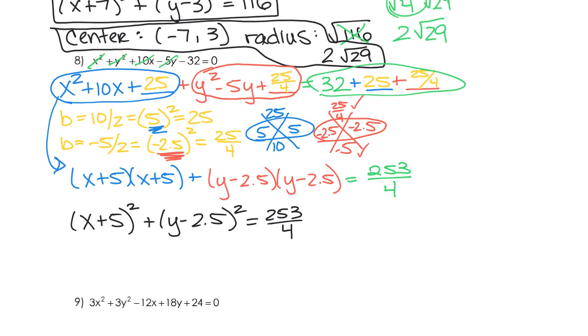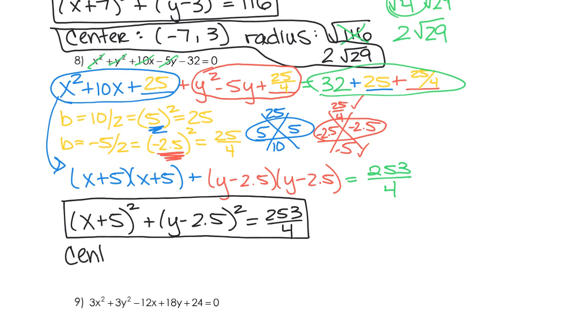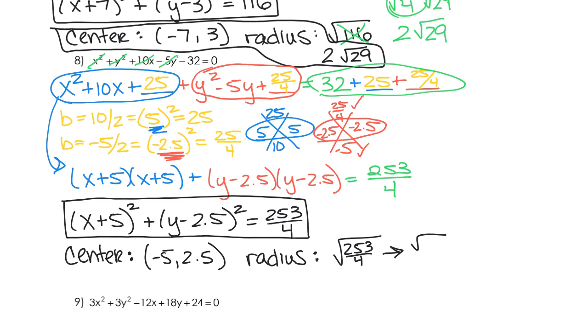All right, and now that we are in center radius form, we can now tell you the center is -5, 2.5, okay? And our radius is the square root of 253 fourths, which is a pretty ugly radius. And what we're going to do is we're going to rewrite this, make it a little bit prettier. It's not going to get too much prettier though.